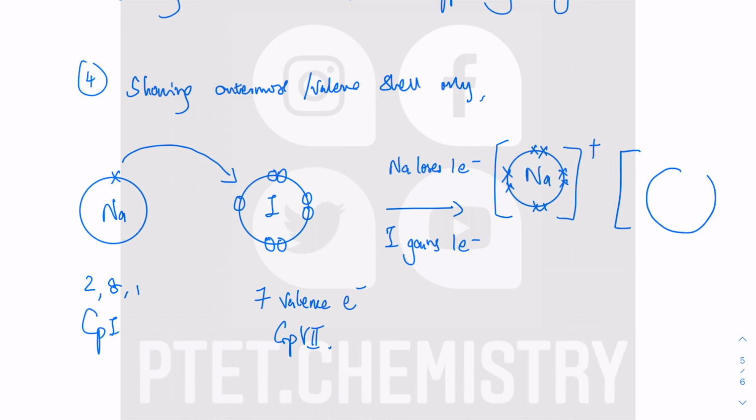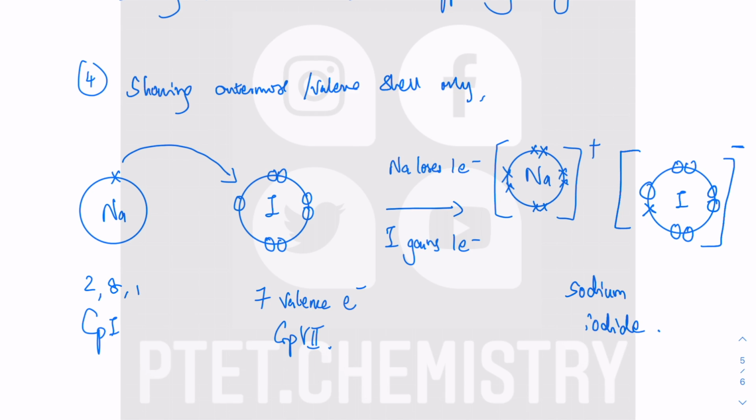If I just draw the outermost shell, it's iodine with 7 dots, but I must have 1 cross because the iodine atom gains 1 electron from the sodium atom to give me iodide ion. This is iodine atom, this is iodide ion. This is sodium atom, this is sodium ion. Alright, so this is sodium iodide.